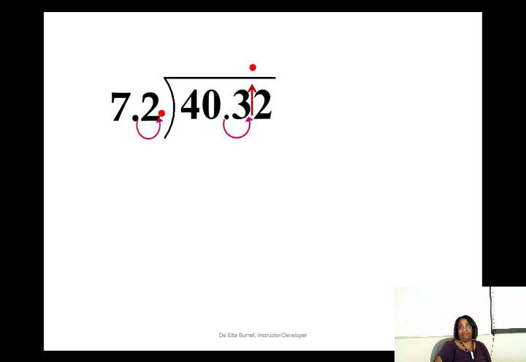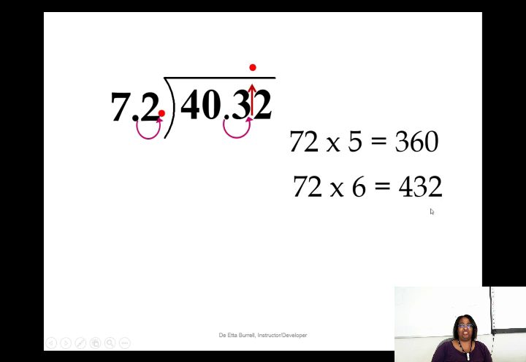Where's my first significant digit going to go? Where would it go? Above the 3, okay? Now, as a strategy, you might want to make a little multiplication table on the side for 72, because many of us don't use 72 as a factor. But you might want to do that here on the side.